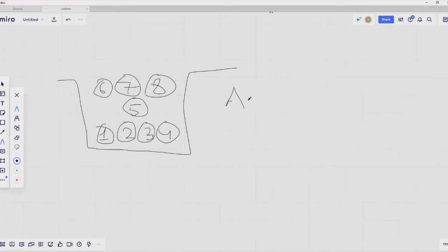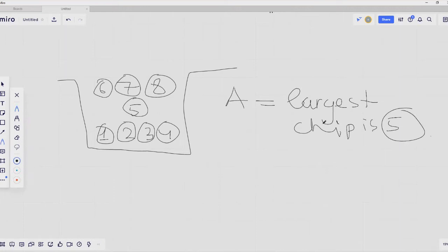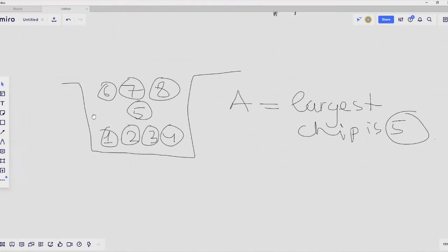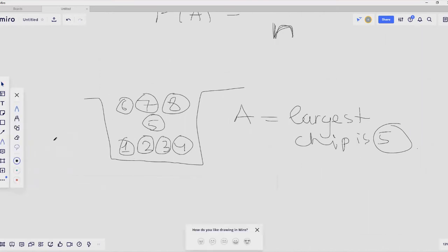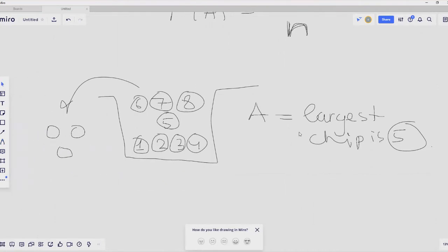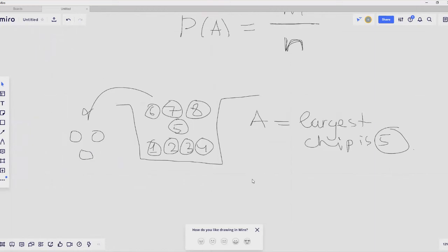Let's call it event A: the largest chip is 5, when we draw a sample of 3 chips from our urn. So we draw 3 chips. What's the probability that the largest chip in our sample is 5?